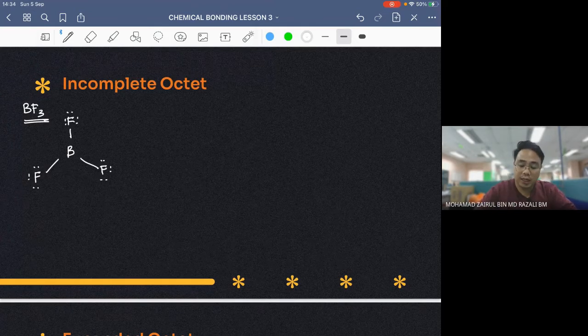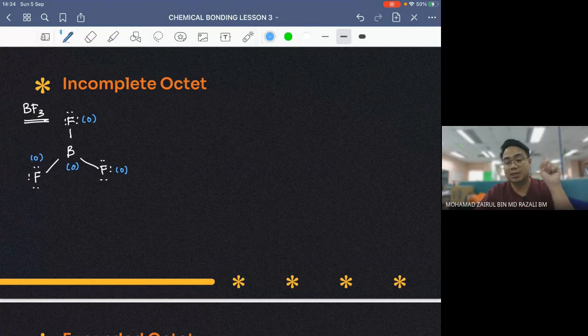If you calculate the formal charge for each atom in BF3, you will get 0 for this fluorine, 0 for this fluorine, 0 for this one, and 0 for this one. As we learned in the previous lesson, if each atom in the molecule has a formal charge equal to 0, that means the molecule is a stable molecule.